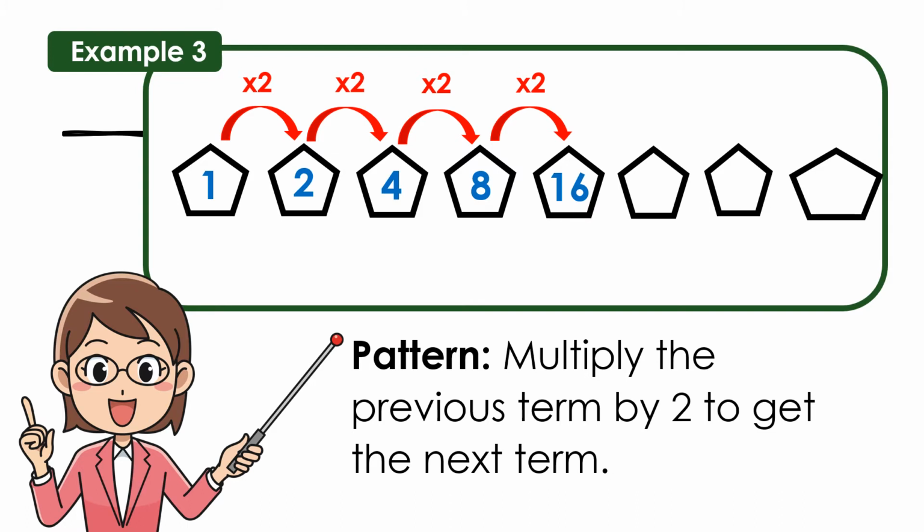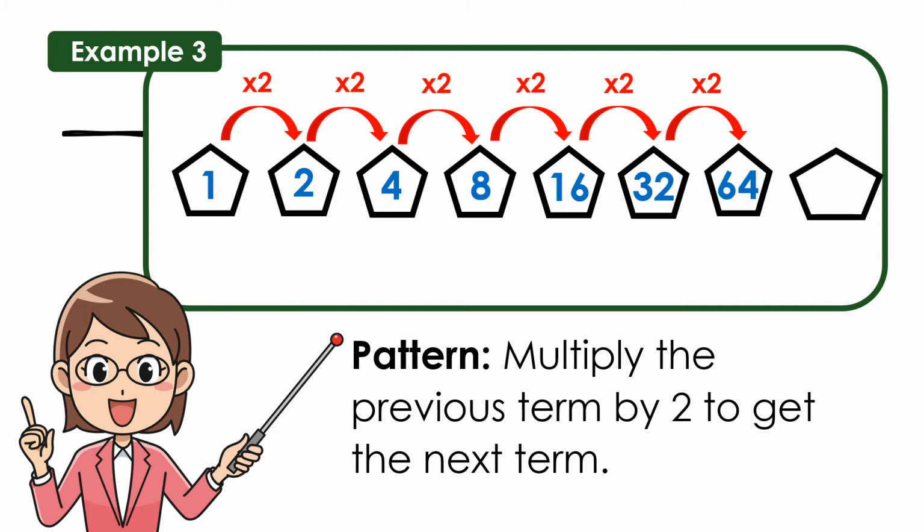Now, what will be our last 3 terms? Following the pattern, if we multiply 2 to 16, we get what number? We have 32. Again, following the pattern, if we multiply 32 times 2, we get 64.